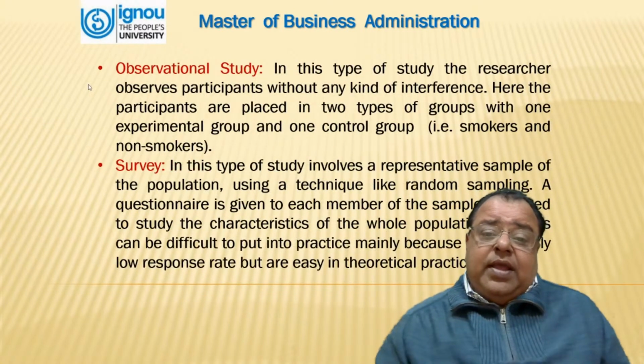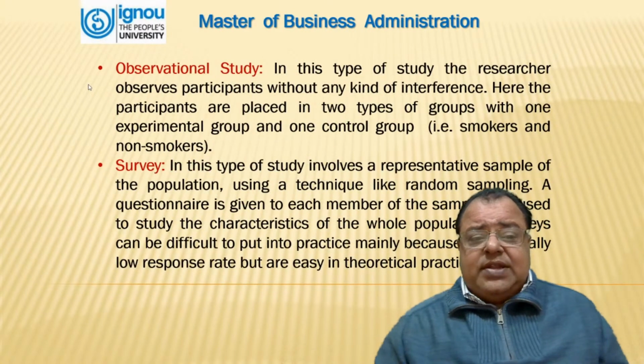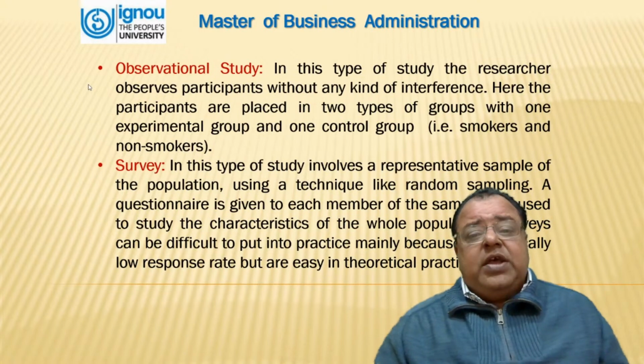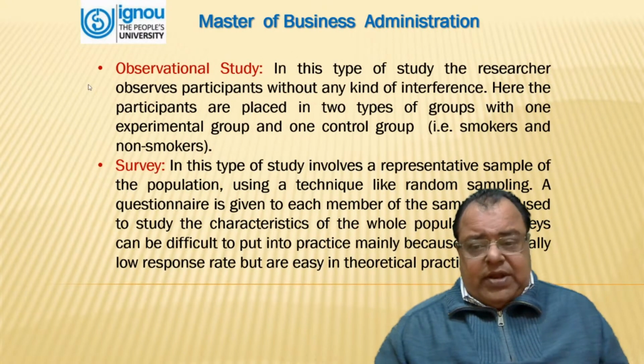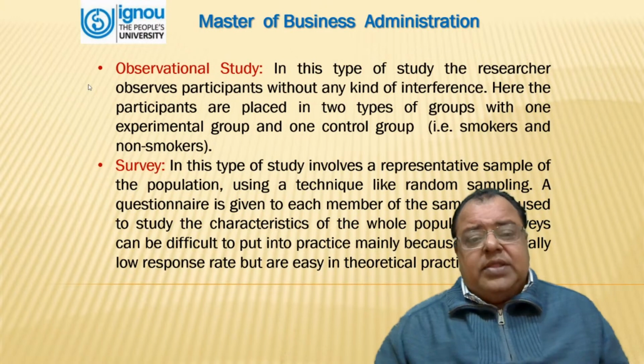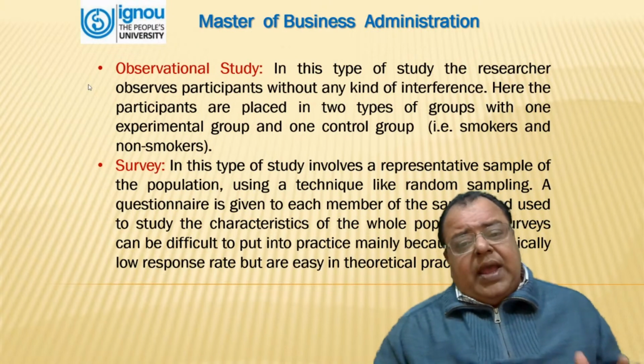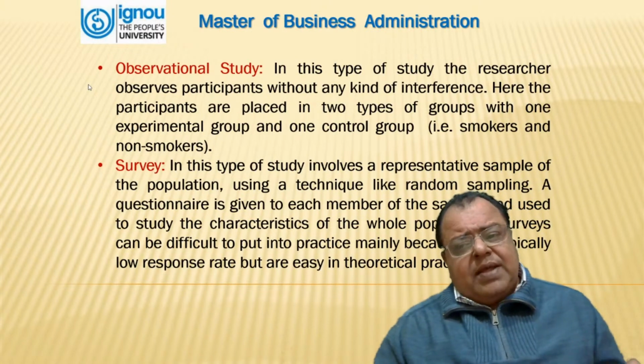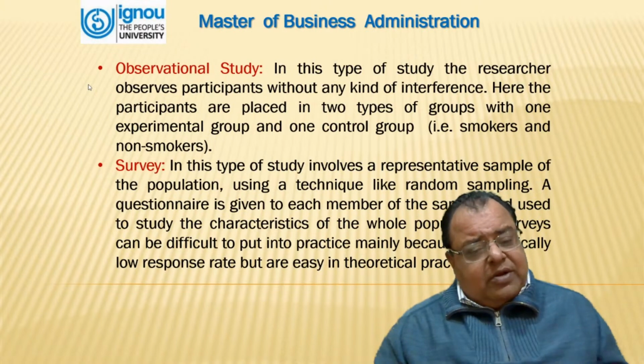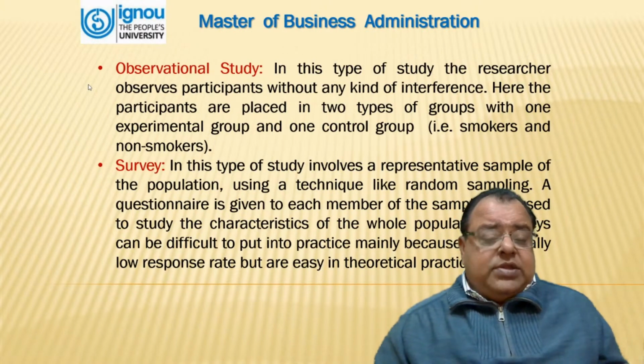Observational study. In this type of study, the researchers observe participants without any kind of interference. Here, the participants are placed in two types of groups, one experimental group and one control group. For example, smokers and non-smokers. Survey.